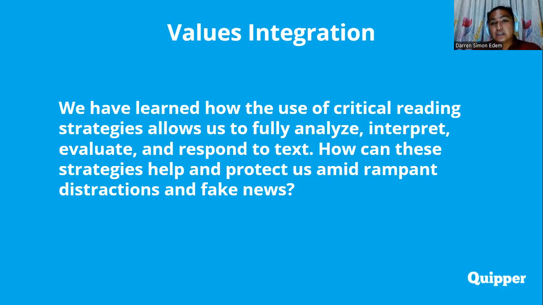Now that you have learned the different strategies to become critical readers and critical thinkers, how are we able to utilize these strategies to help and protect ourselves from fake news that is circling around social media or the World Wide Web? How are we able to determine, to filter, and to scrutinize and regulate the information that we feed ourselves? We need to think about that.